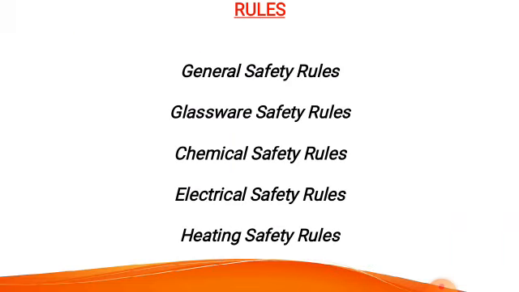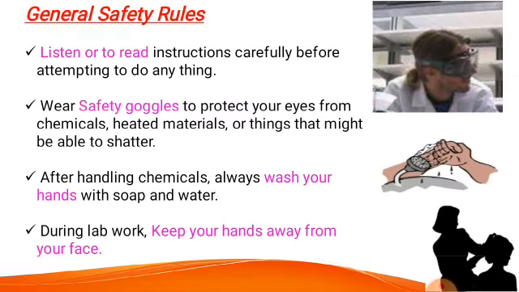These are some rules for the laboratory: general safety rules, glassware safety rules, chemical safety rules, electrical safety rules, heating safety rules. First one is general safety rules. I listed some general safety rules.